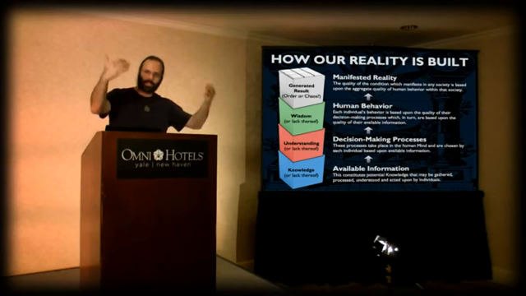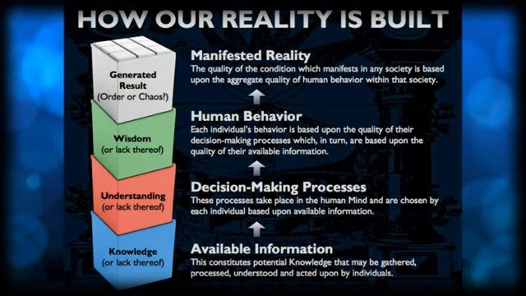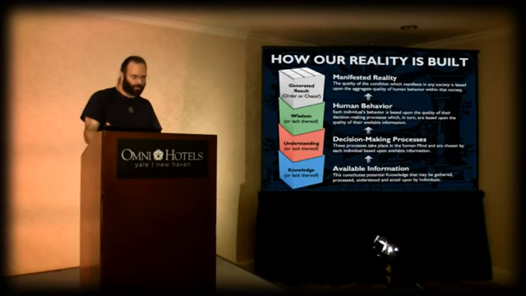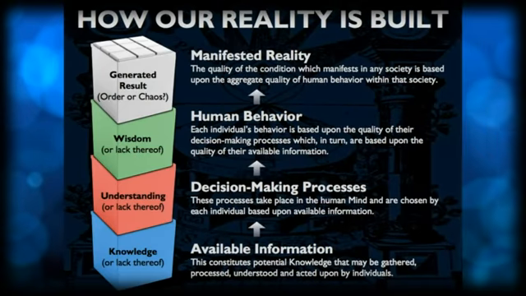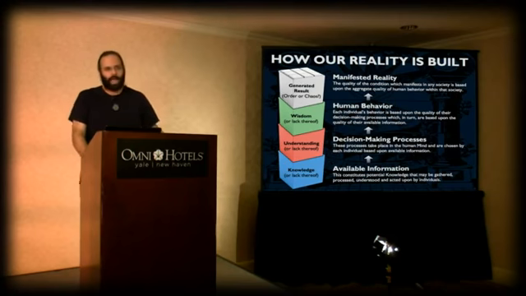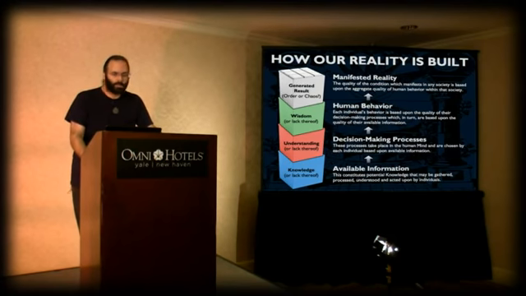All the behaviors put together creates the output on the screen, or the generated result. Is it orderly? Is it chaotic? Well, that's going to be based upon whether someone took in the information, processed it efficiently to come to an understanding, and then acted upon it. The manifested reality is the quality of the condition which manifests in any given society based upon the aggregate quality of human behavior within that society. This is how our reality is actually created. The conditions that we experience as the daily events of our life.